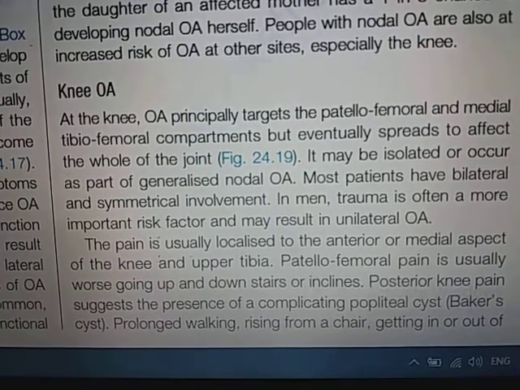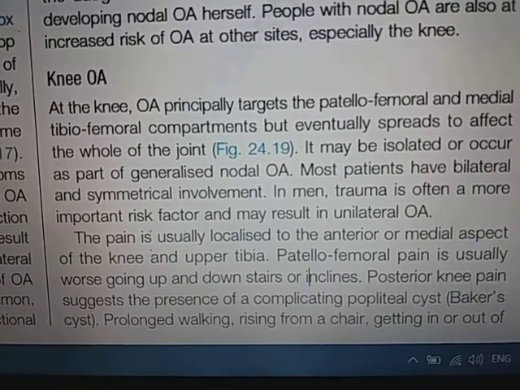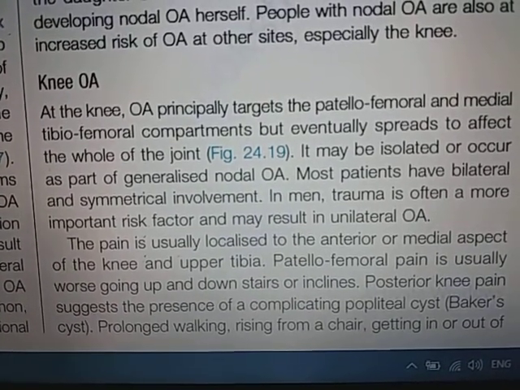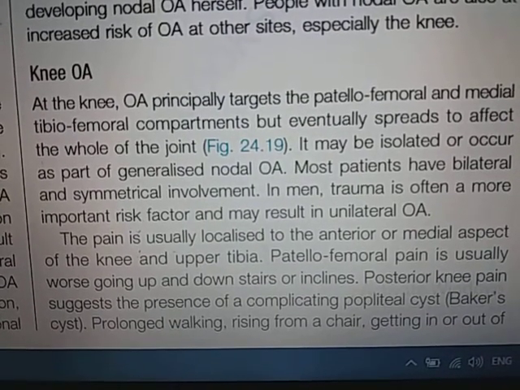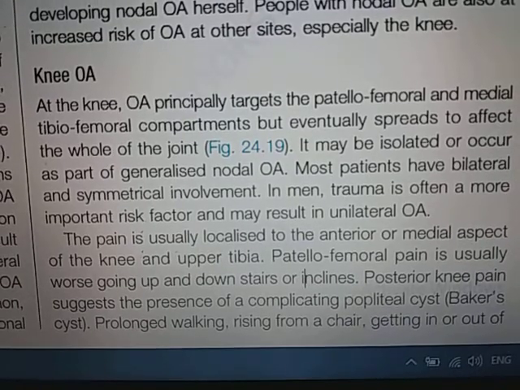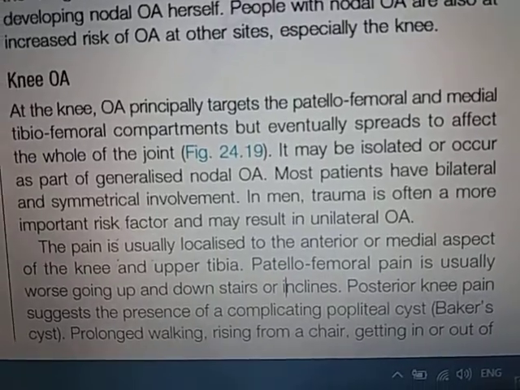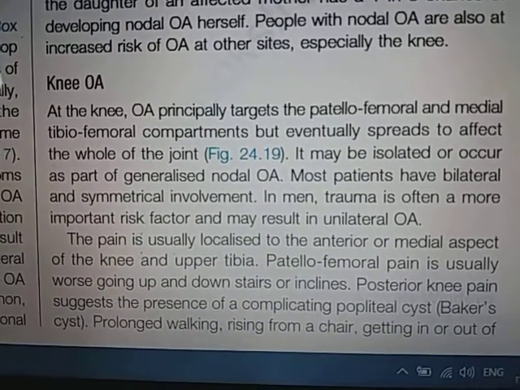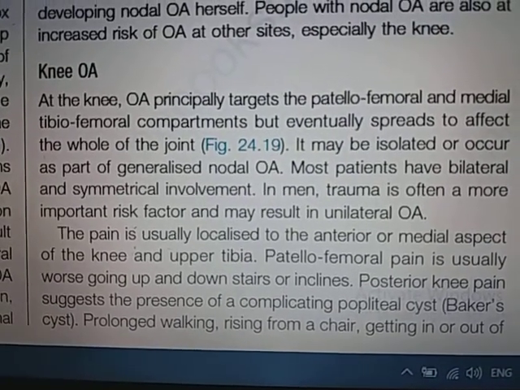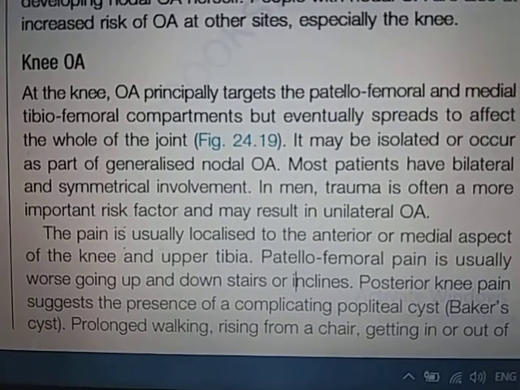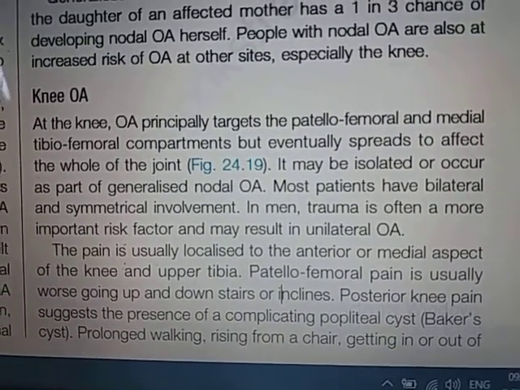There will be pain in the tibiofemoral articulation. The medial compartment of the knee is the first compartment to be affected. So there will be a disproportional medial compartment narrowing. This disproportional narrowing will lead to deformity known as genu varus, bowing of the knees.